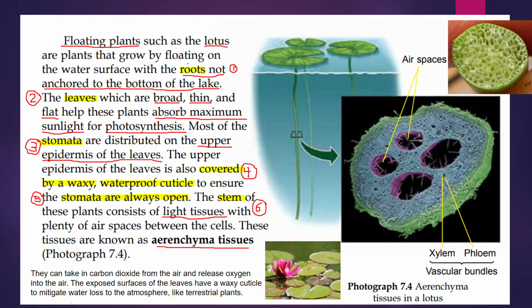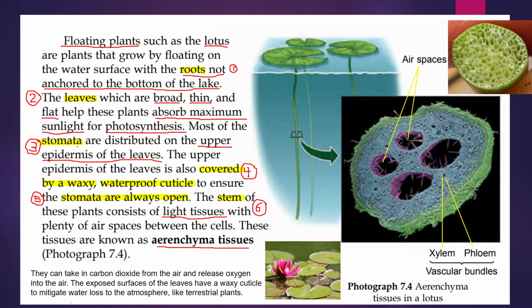Okay. First, they mention about the roots not anchored to the bottom of the lake. Dia boleh terapung itu. Kenapa boleh terapung? Look at the leaves. The leaves are broad, lebar, nipis, flat. Jadi, this plant is able to absorb maximum sunlight for photosynthesis.